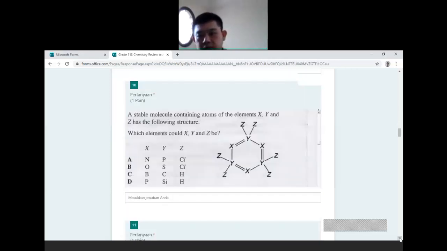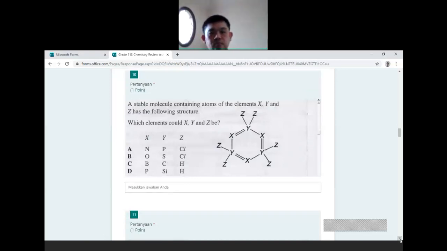And then number 10. A stable molecule containing atoms of elements X, Y, and Z has the following structure. Which element is X, Y, Z? Z must be an element that requires 1 electron to make itself stable, by sharing 1 electron.